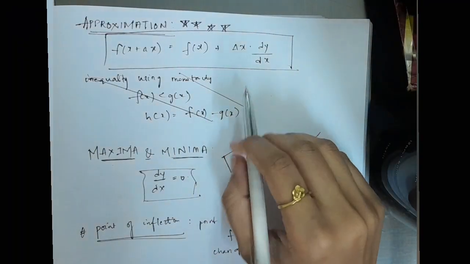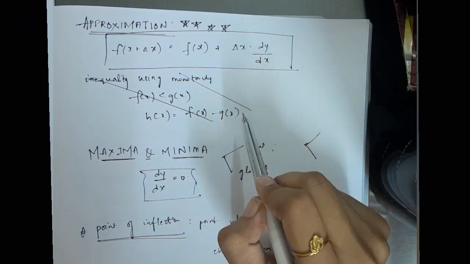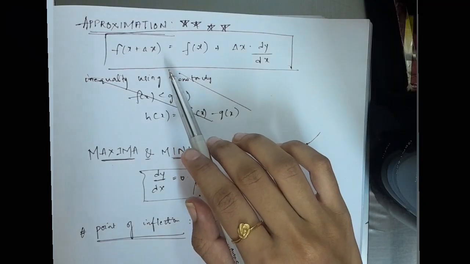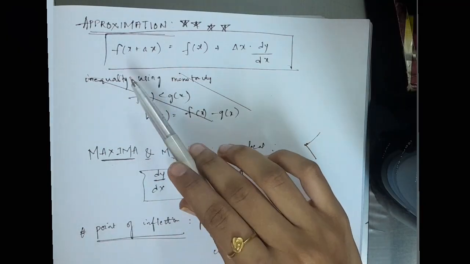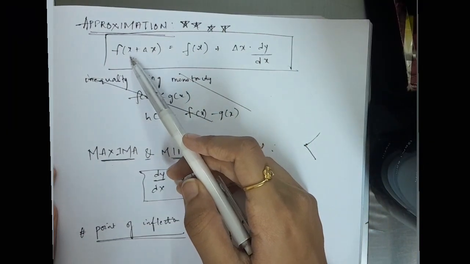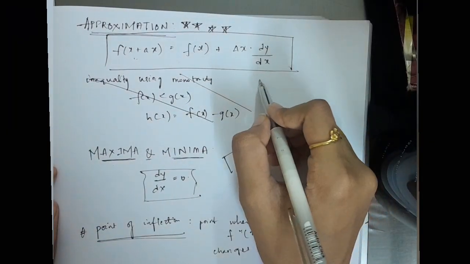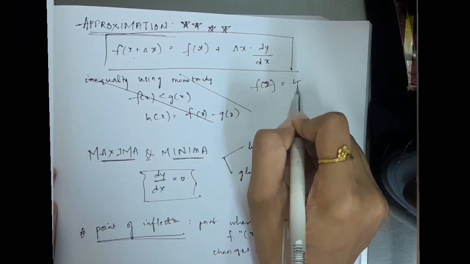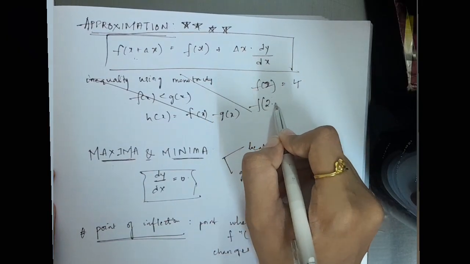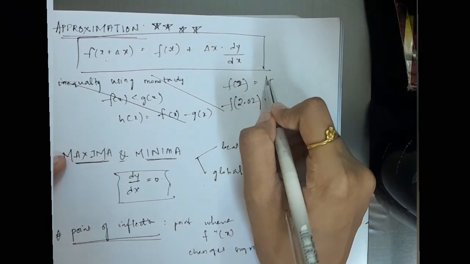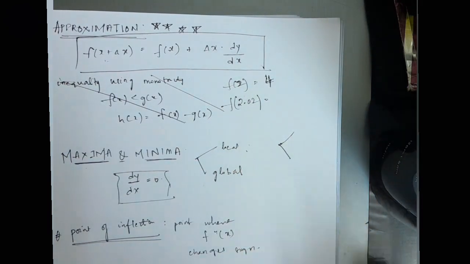This approximation is important, of course. Use this when they ask you to find the value of the function a bit after the value of x. Let's say you know the value of the function at x equals 2 to be 4, and they ask you to find the value at 2.02. Obviously that's a very annoying value.